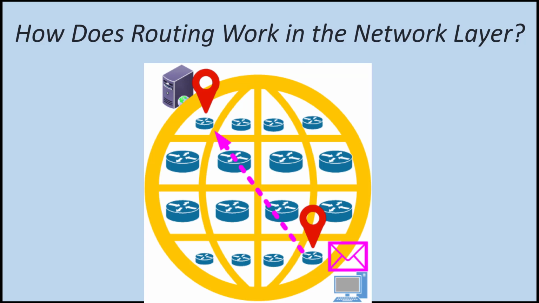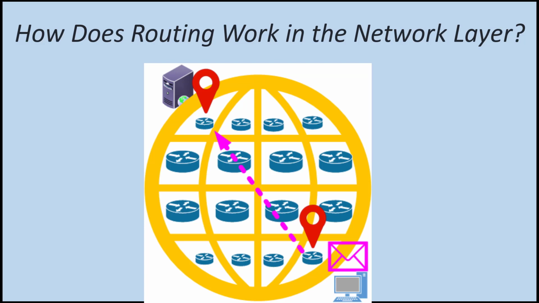Think of it like using a map to find the fastest route. Routers look at things like traffic jams and how reliable different routes are. They then decide the best way for your data to go, making sure it takes the express lanes, avoids traffic, and gets to where it needs to go really quickly.